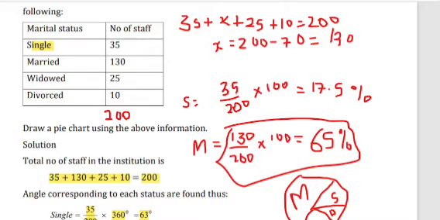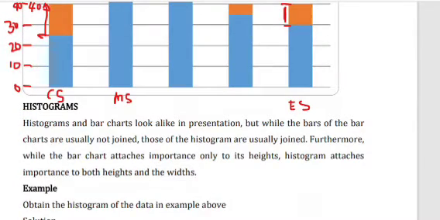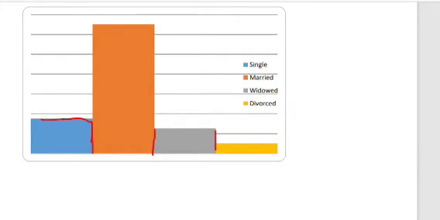So you need to choose a scale. An ability to choose a scale is also very important. So we are looking at histogram. Okay, this is the histogram. So let's see how the division is. The largest division is 130, and that is for what?